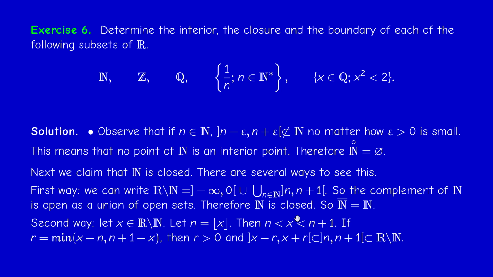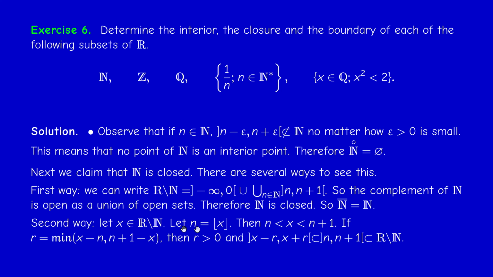And now we do as we did in the lectures. I take the distance between x and the boundary of the interval. So I take r less than the minimum between x minus n and n plus 1 minus x. Then the interval x minus r, x plus r is contained in this bigger interval. So what did we prove?